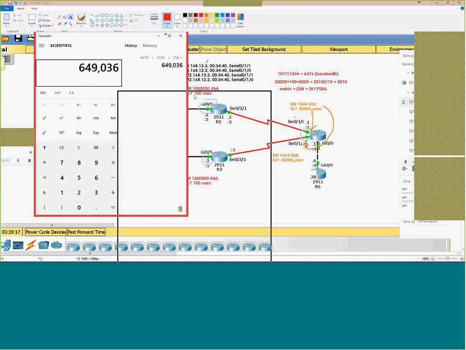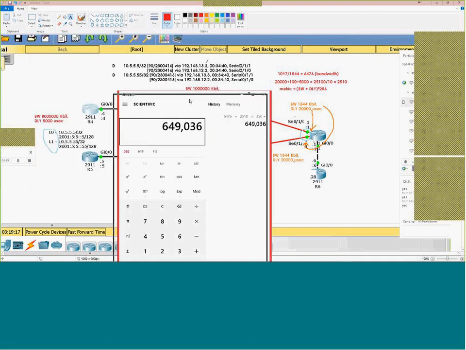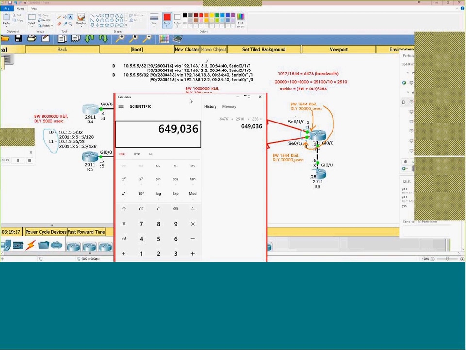Something I didn't do right. That's not correct. What did I do wrong? Oh, yeah. I'm going to have to do 6476 times 256. So I'll copy that. All right. And then I'm going to take 2510 times 256. And then I'm going to add this value, 2300416.